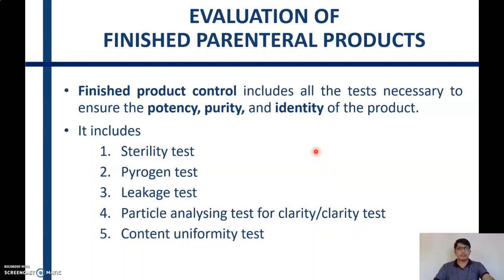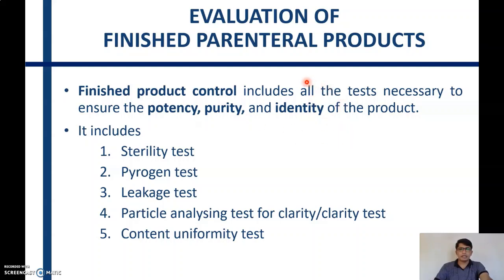Now coming to the most important part of evaluation of parenteral preparations, the finished products. Finished product control includes all the tests which are necessary to ensure the potency, purity and identity of the product.